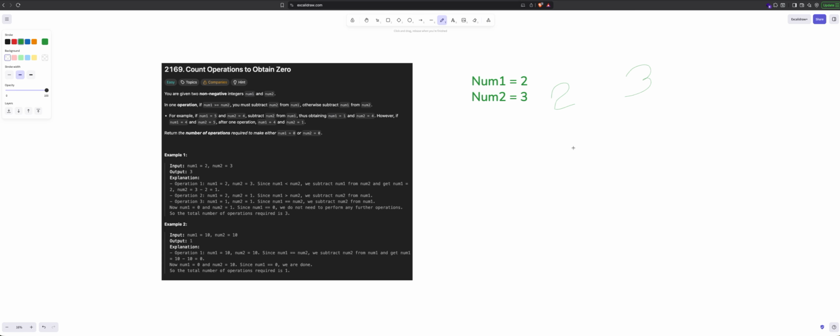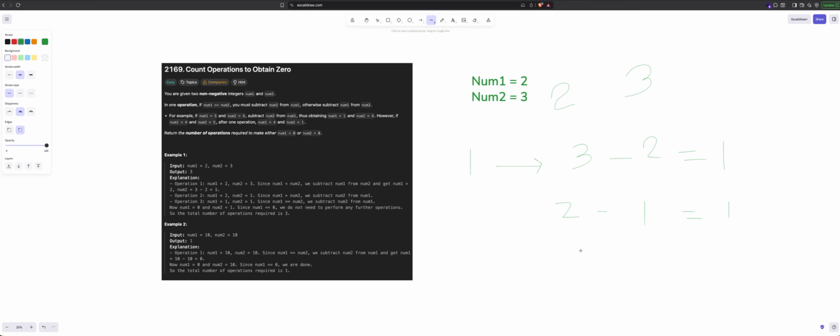We want to subtract 2 from 3, which leaves the remaining 1. That operation is considered 1 operation. The next step, we have 1 and 2. In that case, we have to reverse and subtract 1 from 2, which leaves us the number 1. That means both numbers are 1.